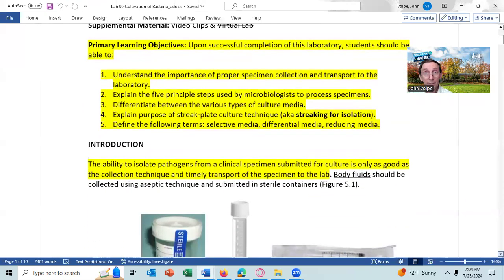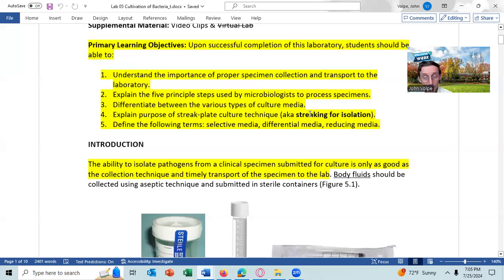Upon successfully completing this lab, you should be able to, one, understand the importance of proper specimen collection and transport to the lab. Two, be able to explain the 5 principal steps used by microbiologists to process specimens. 3, be able to differentiate between various types of culture media. 4, explain the purpose of streak plate culture technique, aka streaking for colony isolation.